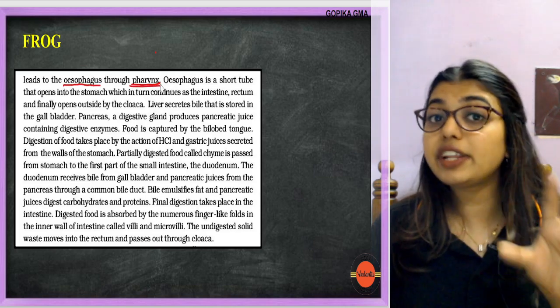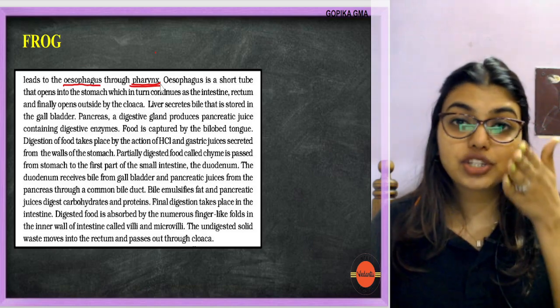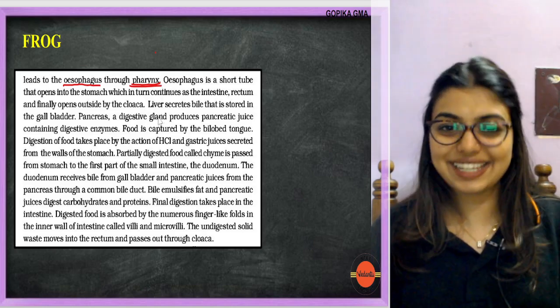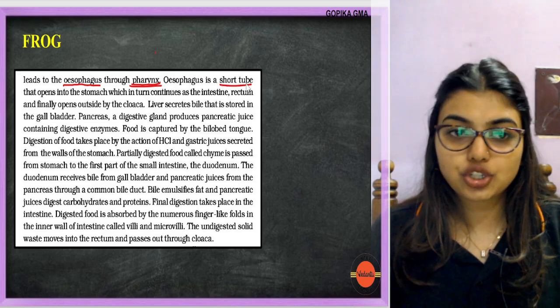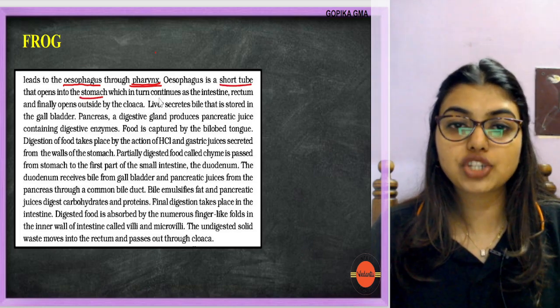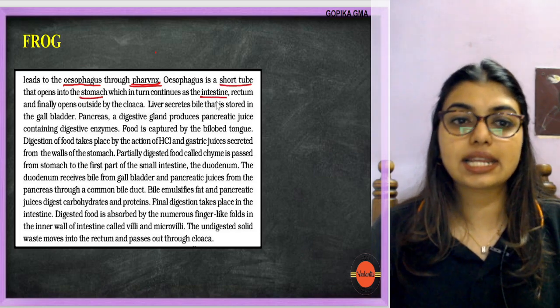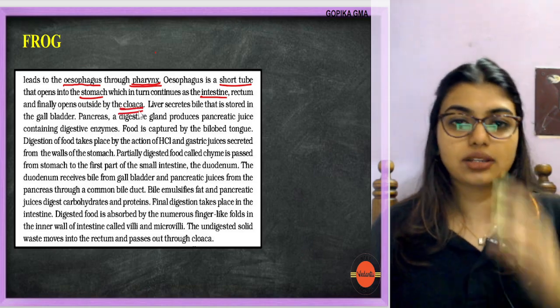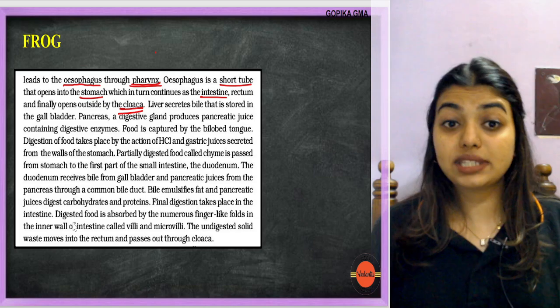There is a funnel shaped structure called pharynx, through which the food will reach the esophagus. Now esophagus is a short tube that opens into the stomach, which in turn continues as intestine, rectum, and finally opens outside the cloaca.